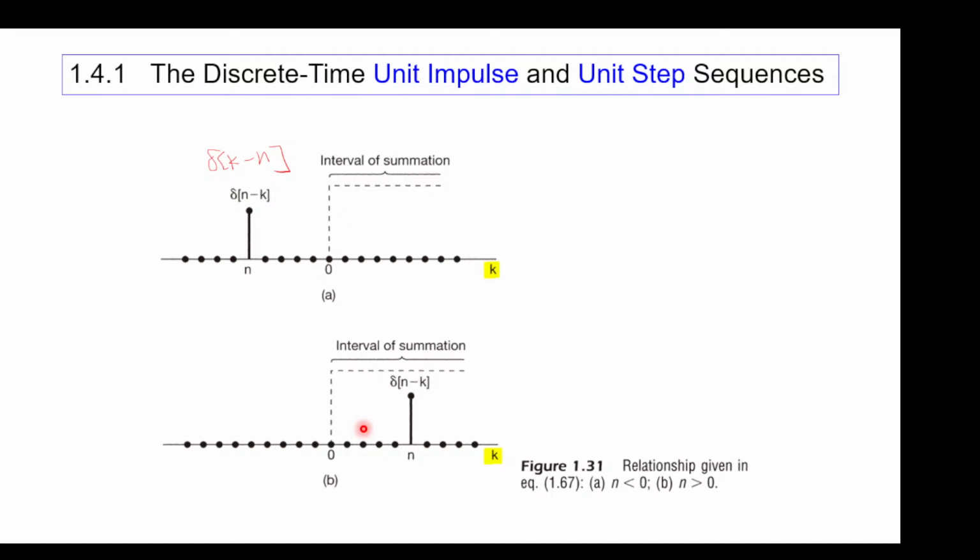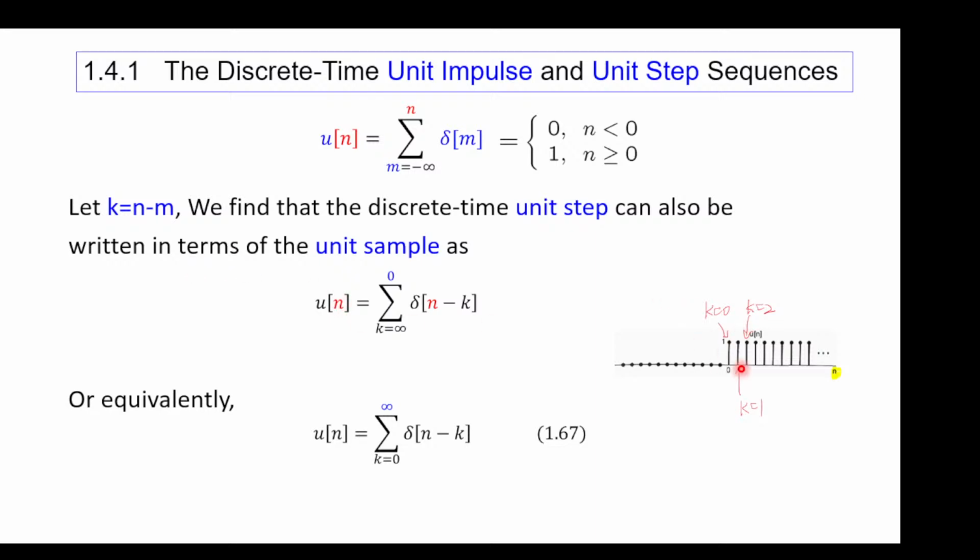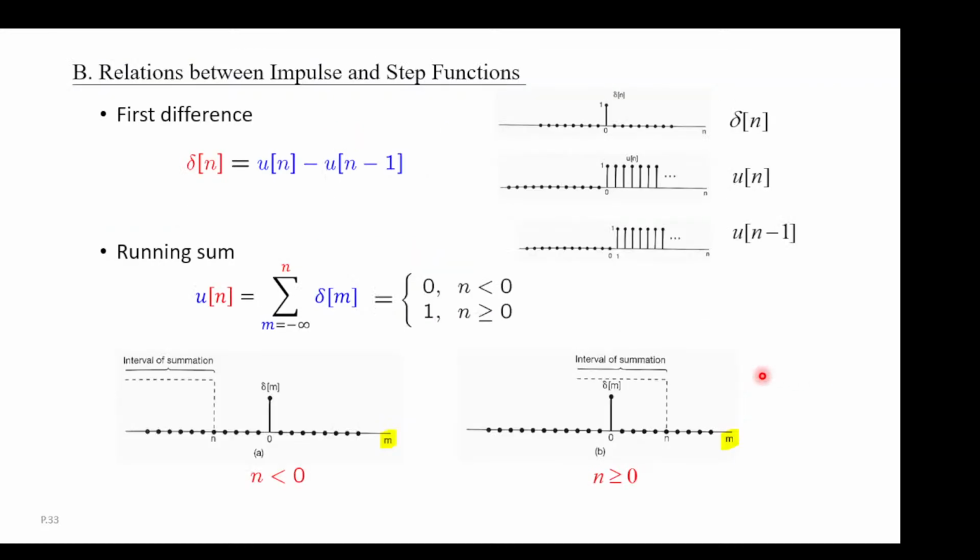Okay, so that's the relationship between the discrete time unit impulse function and the discrete unit step function. Any questions so far? There are a lot of ways to see this summation. You can see the unit step function is the sum of a lot of impulses, or you can integrate over the unit impulse function and you will get a unit step function, because as the integration area gets larger and larger, at one point it will go over the unit impulse.